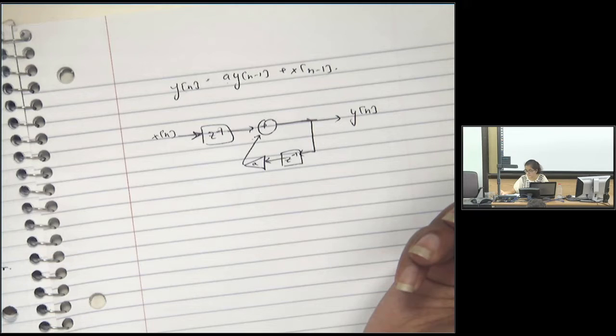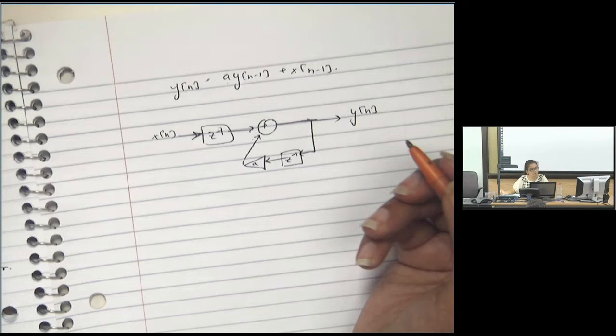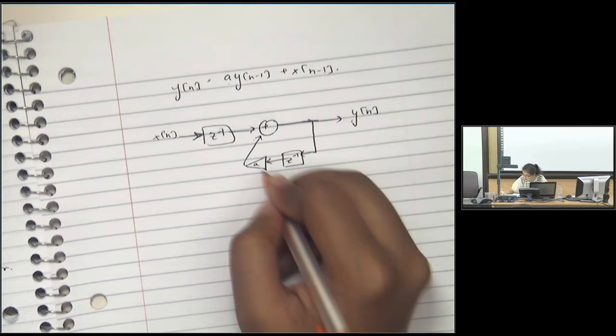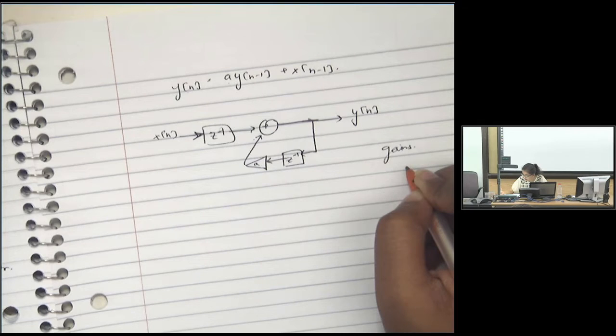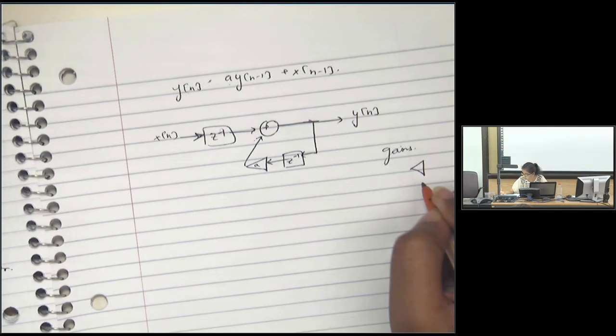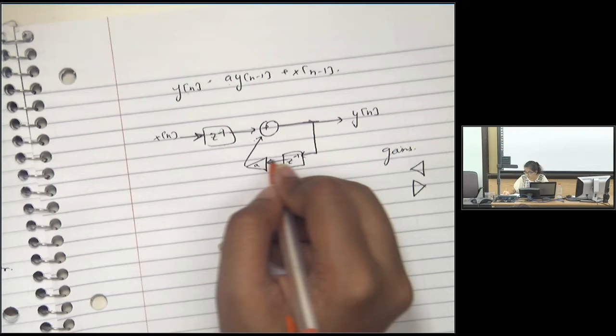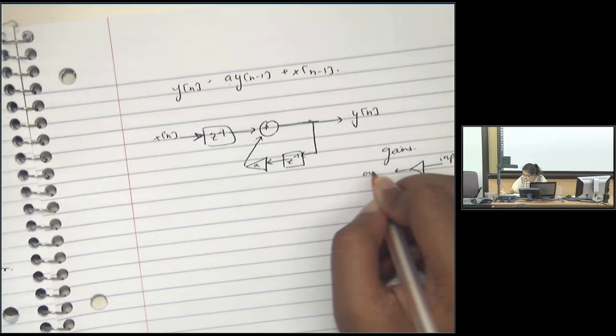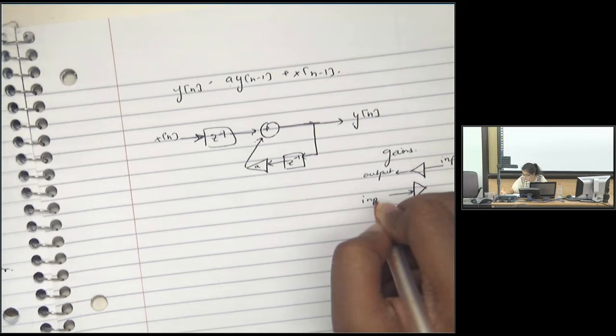Okay, so the shape of the box is the thing? Sorry? Shape of the box doesn't matter. Yeah, so whenever you write gains, they are in these arrow-headed forms. So this is your input, this is your output, again, input and output.